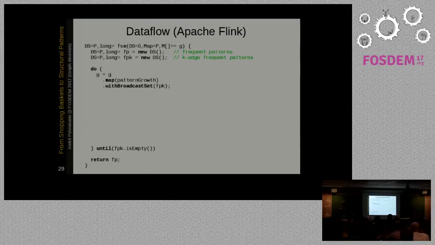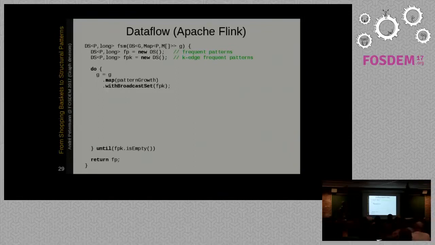What can we do? For example, we do a pattern growth in the beginning, for which we use something called broadcasting. In Flink, it's like a very efficient cross product in a distributed data flow. We just send all the last iteration's frequent patterns to all machines, and then we can access them in the pattern growth step. Initially it's empty, so this is the dummy root in the lattice.